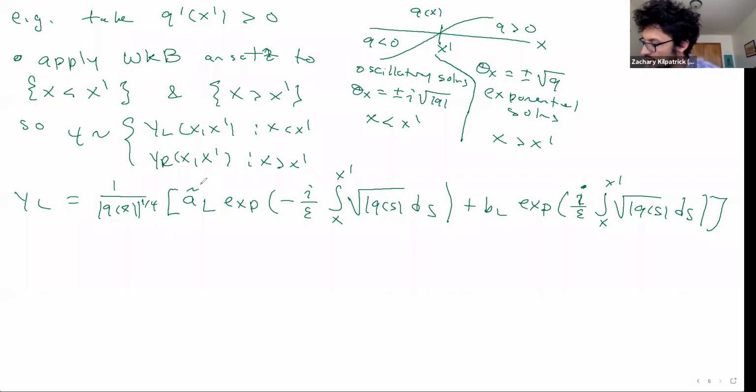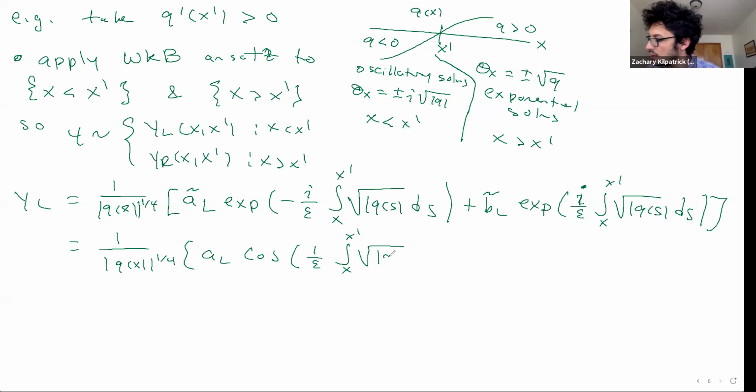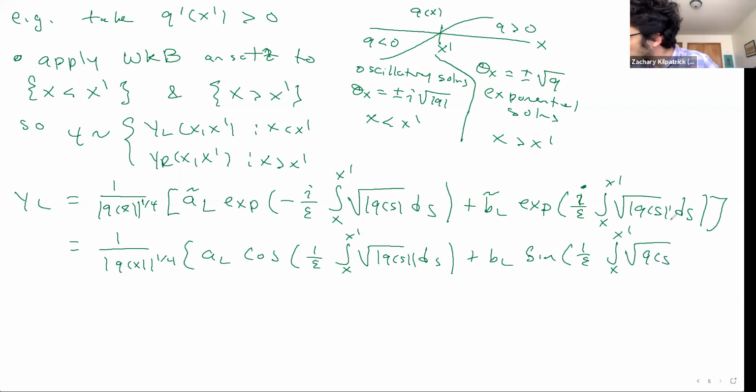So equivalently, let's put a tilde on these, and I'll write this as 1 over Q of x to the 1/4 times A_L cosine of 1 over epsilon integral from x up to x prime of square root of absolute value of Q of s, plus B_L sine of 1 over epsilon integral from x up to x prime of square root of Q of s ds.